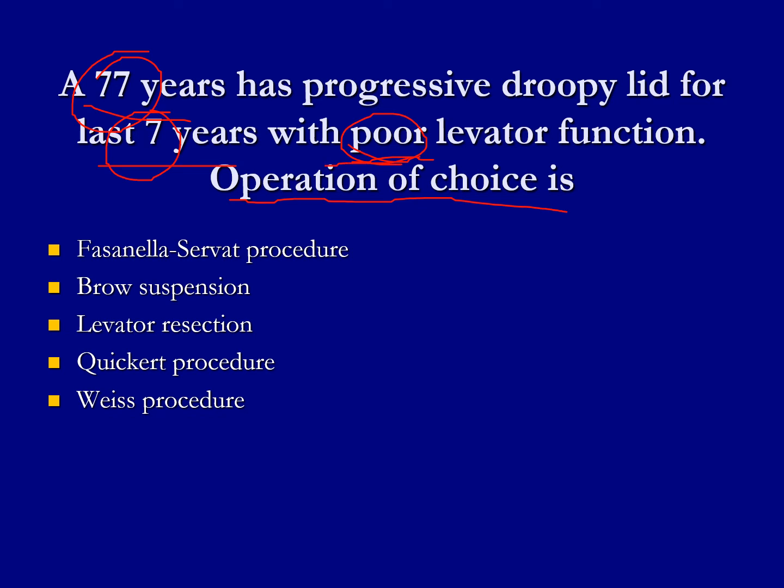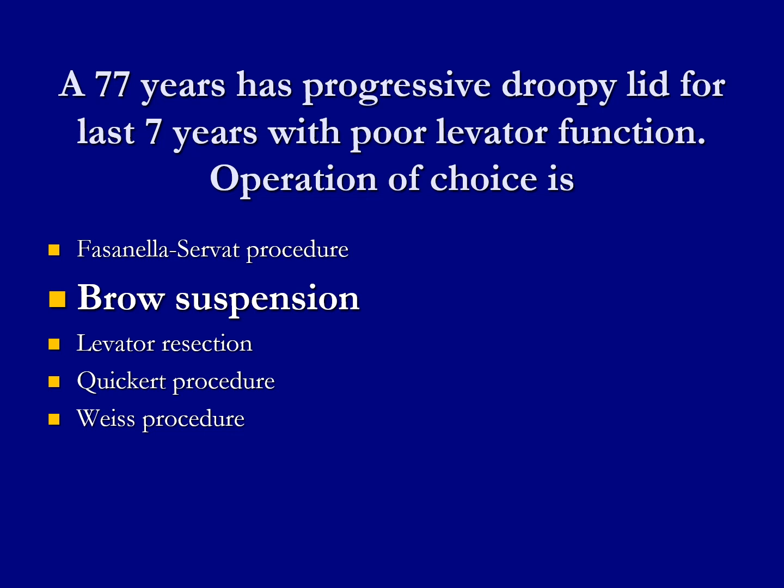And remember, the operation of choice for poor levator function is brow suspension, which is also called sling. Fasanella is out, levator resection is out, and the others are not for ptosis, so the answer would be brow suspension. Next MCQ.